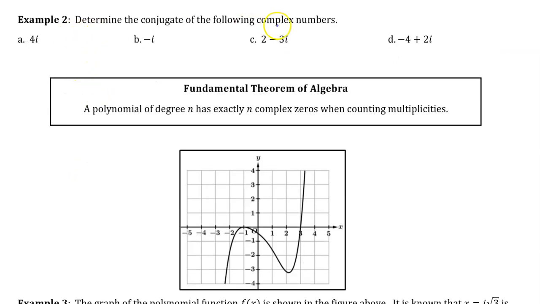Let's practice determining the conjugate of a complex number. This would be like 0 plus 4i, so the conjugate would be 0 minus 4i, and I'm just going to put -4i.